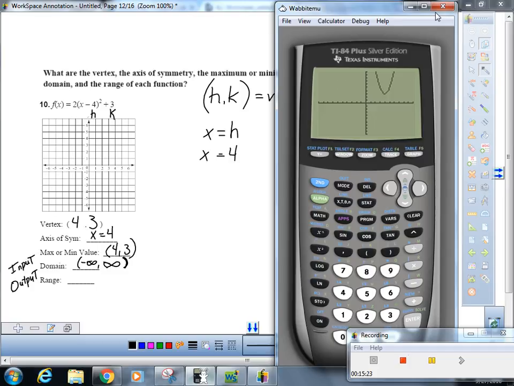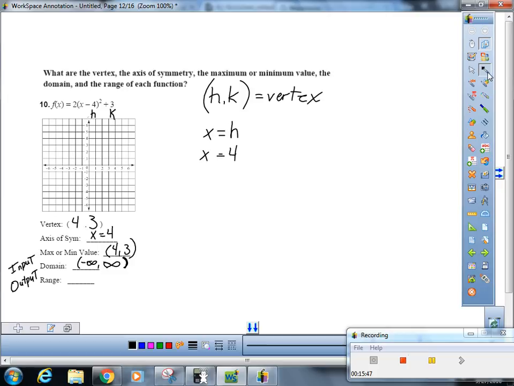I'm sorry, y can become really big, but y cannot become negative. In fact, y can't be anything smaller than the vertex. So y can be 3. That's the lowest value that y can be. And since y can be 3, we write that with this type of square brackets. But it can go all the way to infinity. There's no limit to how high y can get.